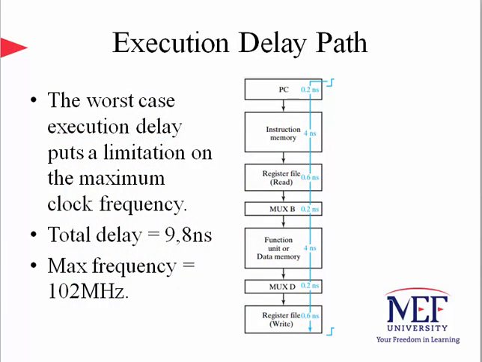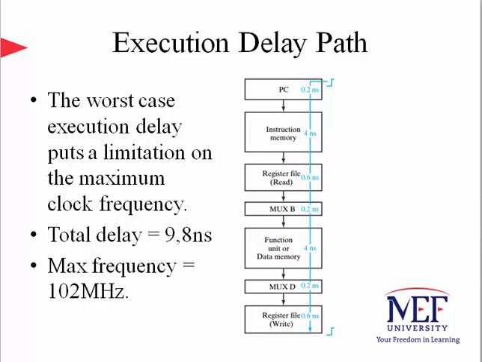Here's what we mean by execution delay. As you can see, varying degrees of delay are associated with each of the components of the data path. The most time-consuming stages are memory read and memory write operations. The components of the data path are selectively used by different instructions, and the one that is drawn here is the worst case. When we observe the total delay in this example, it's about 9.8 nanoseconds.